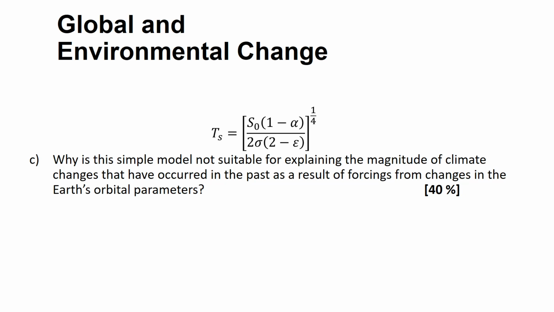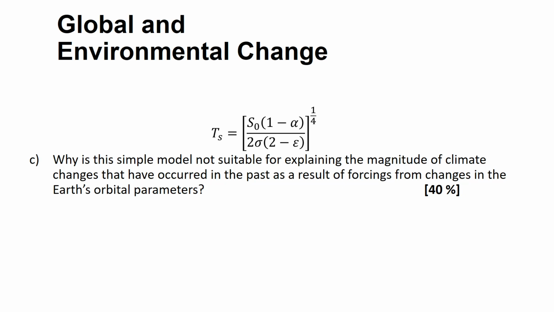Now looking at part C, again, we're going to go back and have a look at these Milankovitch, these orbital timescale changes in the Earth's climate. And the question really is not specifically about how these forcings work, but why this really simple model with just these few parameters is not suitable for explaining the magnitude of climate change.